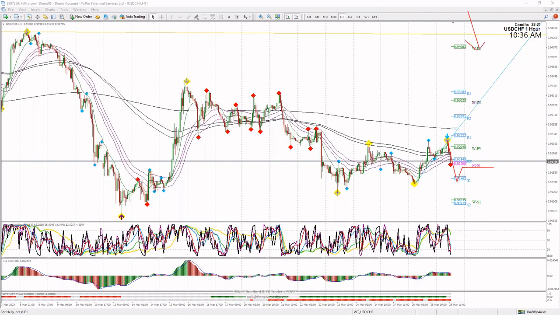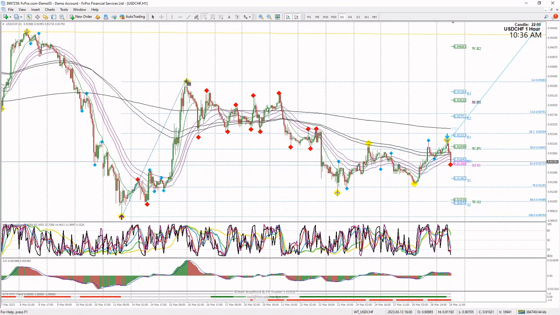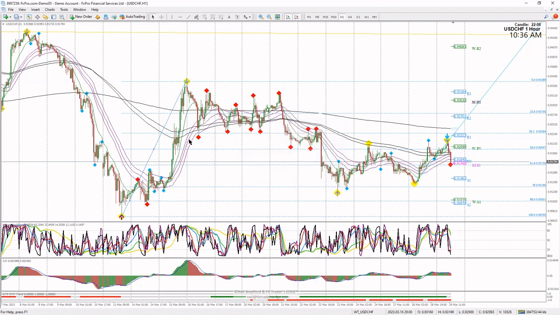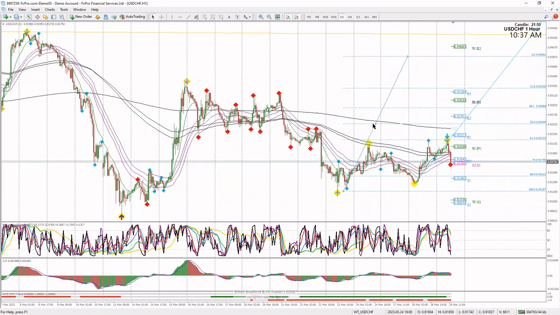Let's have a look with a Fibonacci line on this chart. Starting at the low, and look at the size of the first move. And let's move that over to the end of the retrace there.